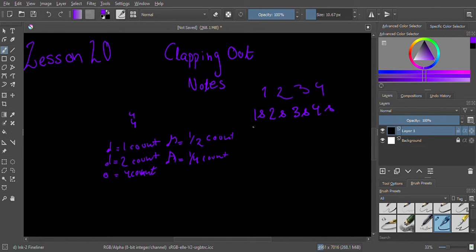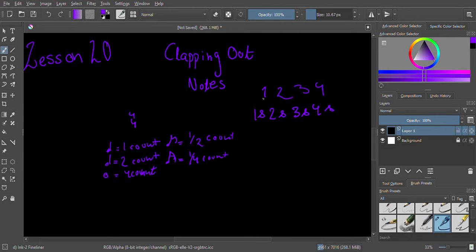So 1 and is 1 count, 2 and is 1 count, 3 and is 1 count, 4 and is 1 count. We're just dividing the 1 up into 1 and so that it's easier to count half a count. And with either system, you can also count 16th notes. I can count 16th notes with the top system: 1, 2, 1, 2, 1, 2, 3, 4, 1, 2, 3, 4.